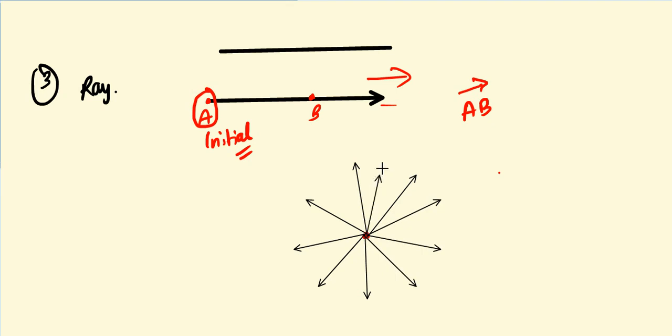Unlimited you can draw. As you can see, I am explaining in the diagram. An unlimited number of rays you can produce from a single point. Now this adjoining figure clearly shows that the fixed point is S, or any other alphabet you can take, and these are the many rays starting from that one fixed point.